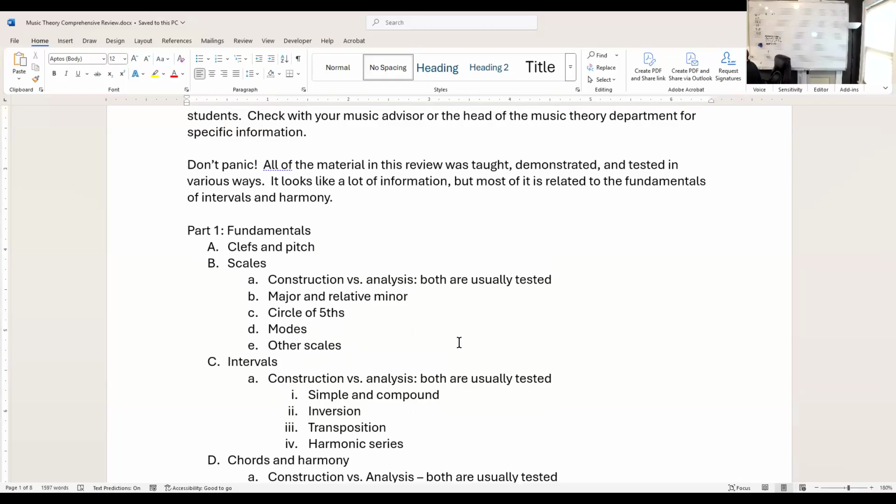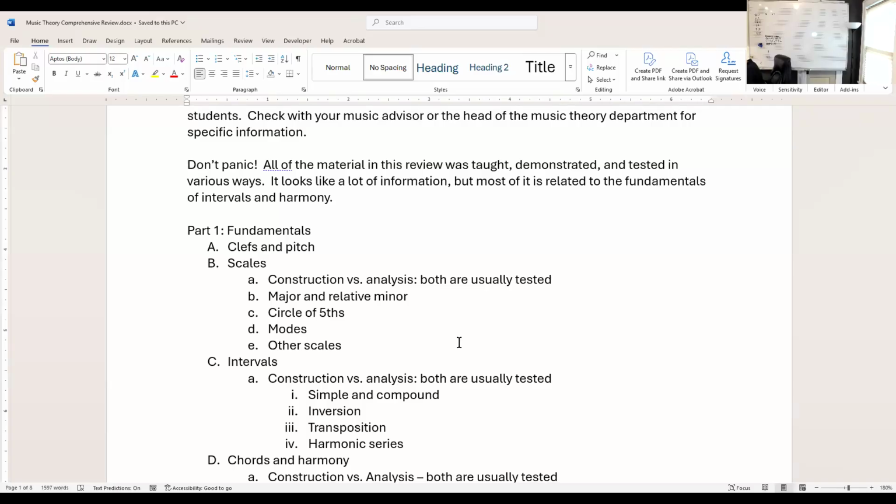Most of the clefs, the treble clef, the bass clef, these are familiar clefs, right? And then we learned the C clefs, and we had to learn a little trick to figure out, okay, well, where's middle C? And then I can work from there to find other notes.